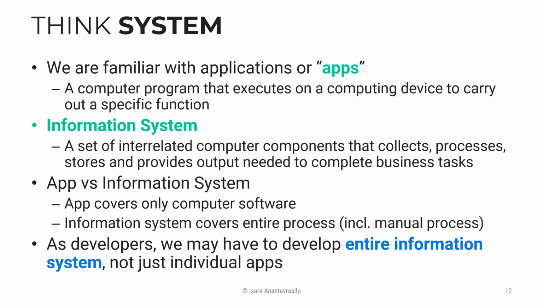Sometimes we call that an information system, which is a set of interrelated computer components that collect, process, store, and provide the output needed to complete a business task. Basically it covers everything from the front end to the back end, to the database management system, to the file server, to the cluster, and then processes something and sends the output back to the user, to the front end.